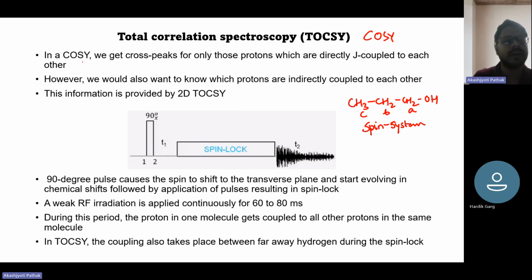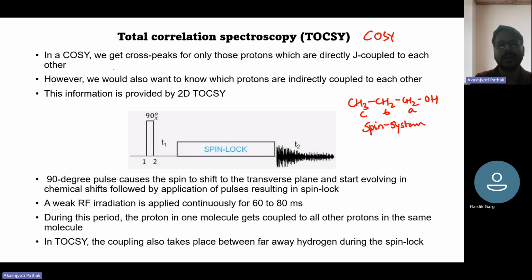So let's understand this in more detail. In a COSY, we get cross peaks only for those protons which are directly J coupled to each other. So we will get a cross peak for A and B, because A is directly coupled to B, but we will not get a cross peak for A and C, because A is not directly coupled to C; it is coupled via the intermediate proton.